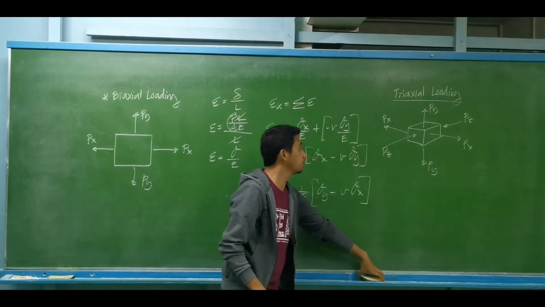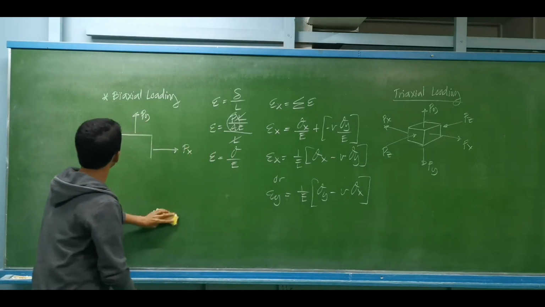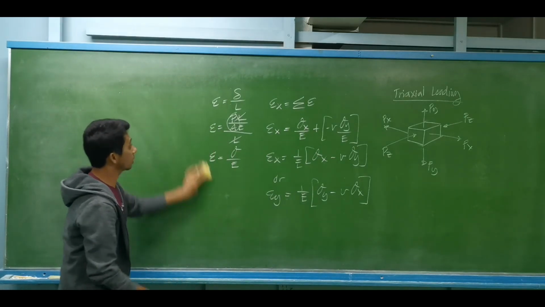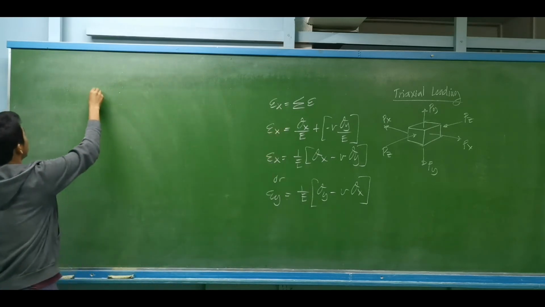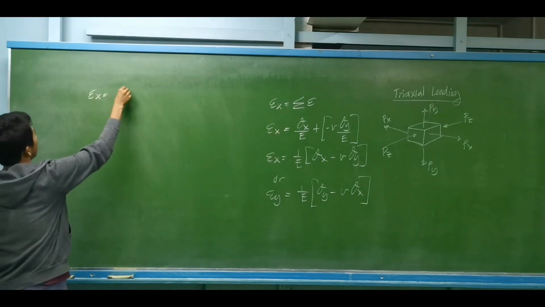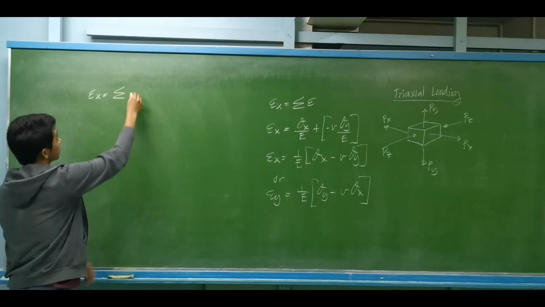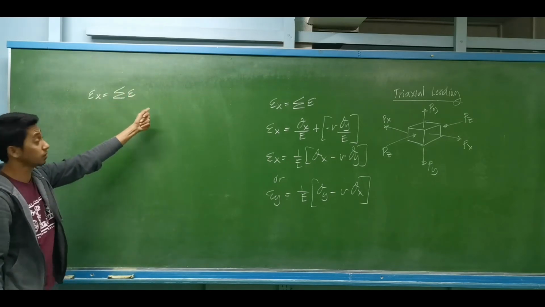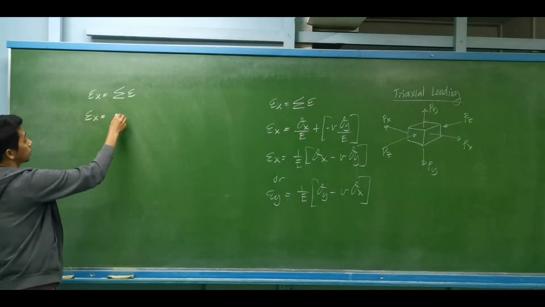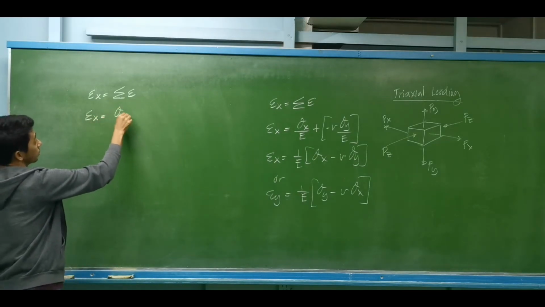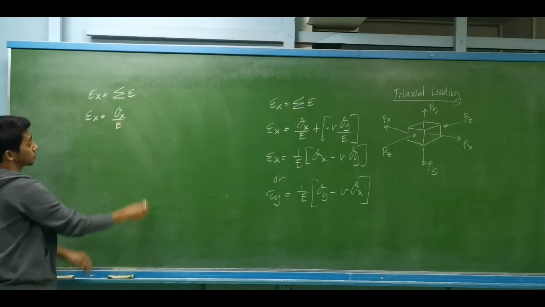So how do we compute the strain? The strain per direction is similar to this one. So you have the strain along x. Basically, all you have to do is perform the summation of the strains in all directions. So the strain along x is equal to sigma x over the modulus of elasticity.